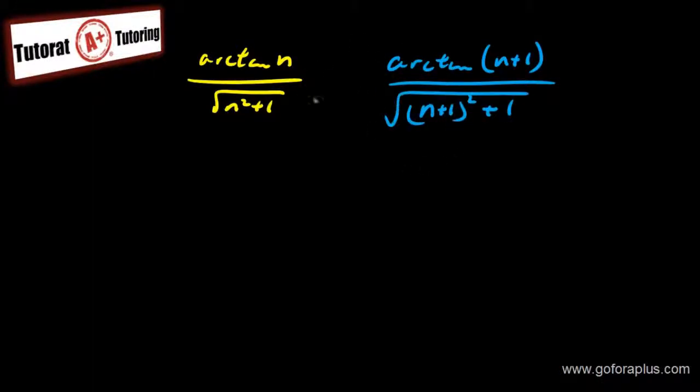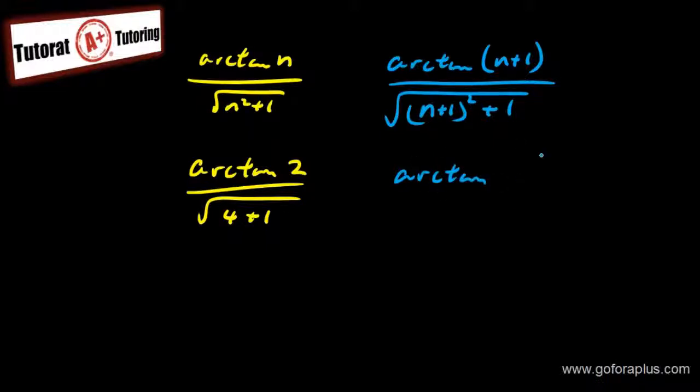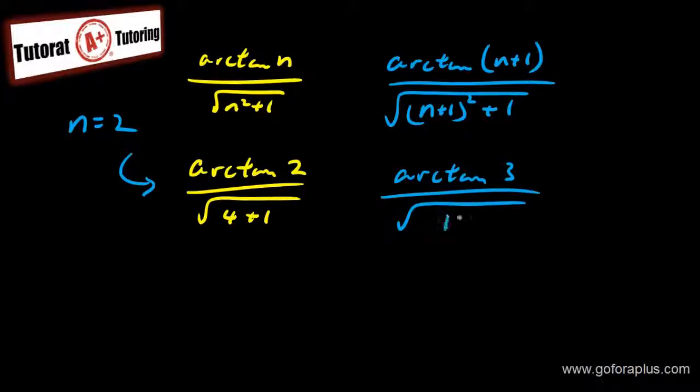Now imagine if my n is, I don't know, 2. Over 4 plus 1. How about the other side? Let's say n is 2 again. I have 3 on top, and then I have 10 at the bottom, 9 plus 1.